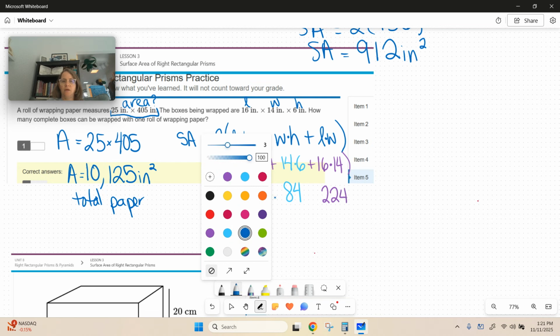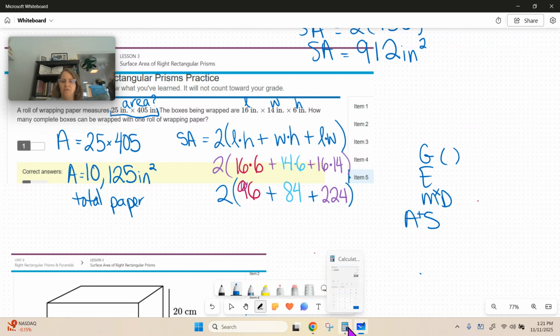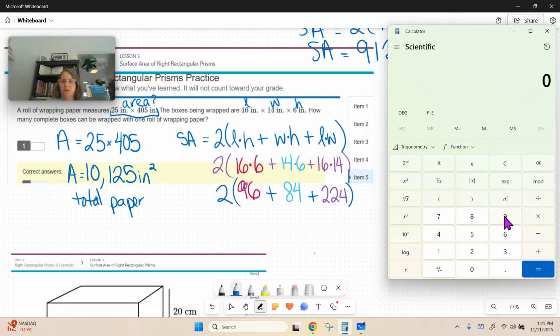And don't forget, the reason that I am doing things in this order is because of the order of operations. Right now I'm working inside the grouping symbols, and inside I'm going to follow the order of operations, so I'm going to multiply before I add. Let's go ahead and add now. 96 plus 84 plus 224.